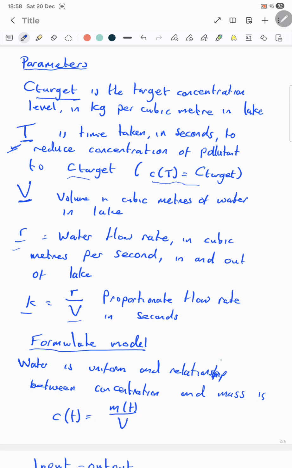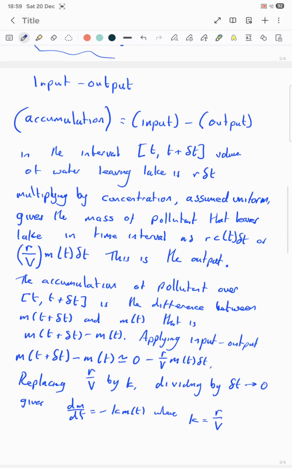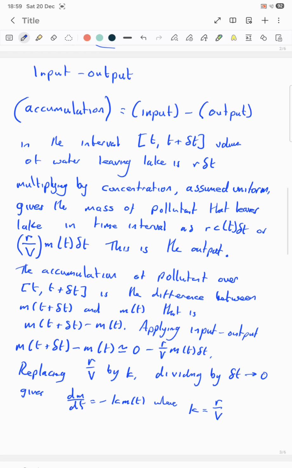Now as we've already said, water is uniform, and the relationship between concentration and mass is given here, where concentration equals mass divided by its volume. Now we have an input-output principle, which we'll get to later.